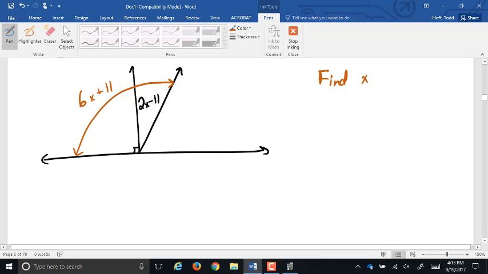That's not going to work. I'm going to change that for you just a little bit to make it easier on you. We'll make this 6x minus 13. That'll work better. Let's try that one. Sorry. So find the value of x.